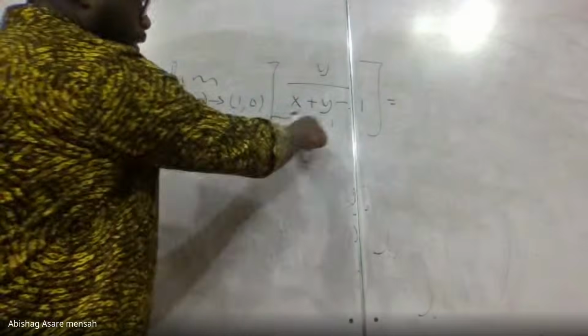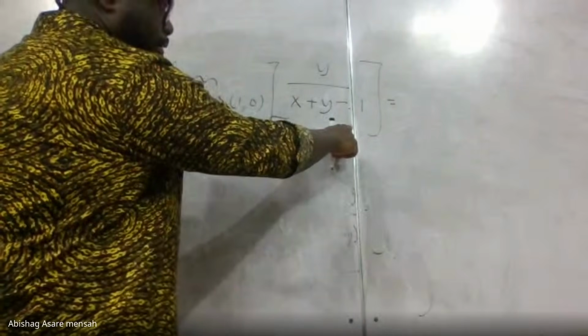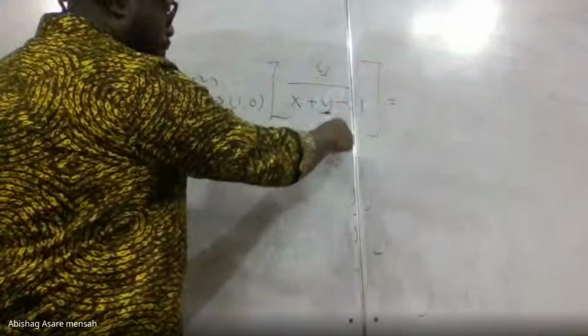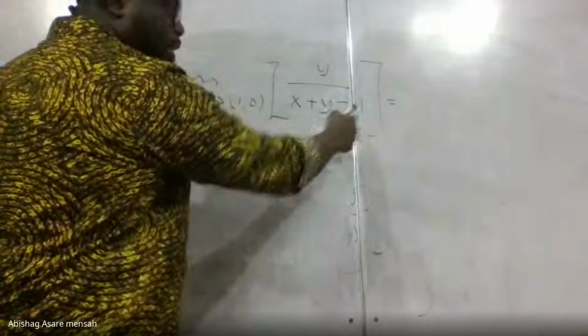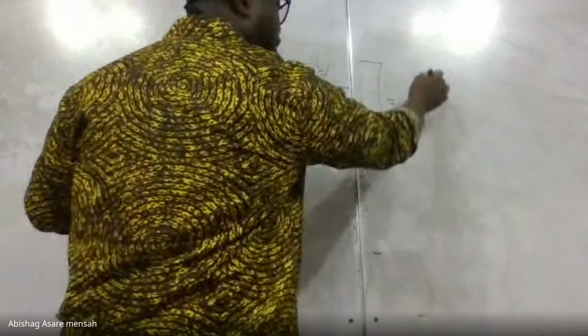So what will be the denominator? It will be 0. Yes. So you see that when you put that in, you have 0 over 0, which makes the thing undefined.